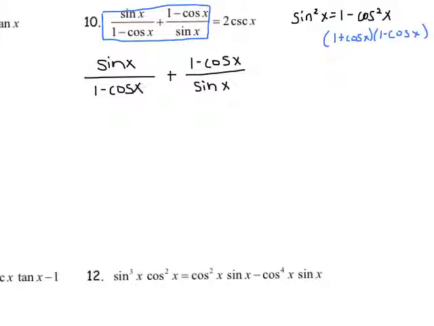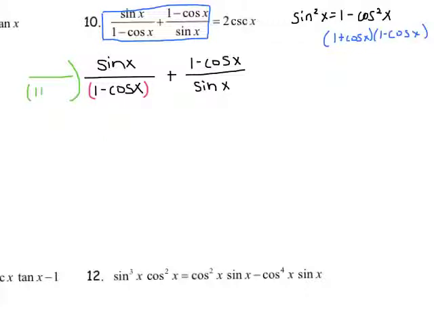So when I'm looking at my problem, I'm going to group this because I see that this matches this thing right here. And I know that if I multiply times its conjugate, that's what this is called, these guys are conjugates of one another, I would get 1 minus cosine squared, which would lead me to sine squared.